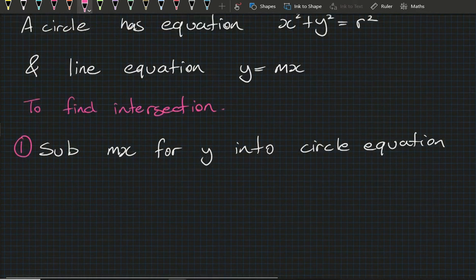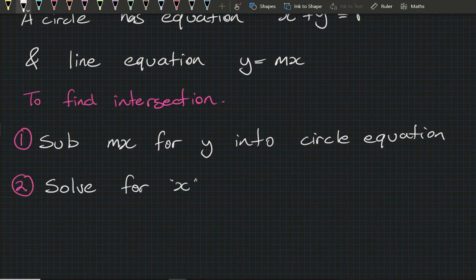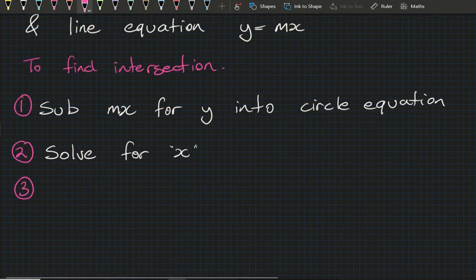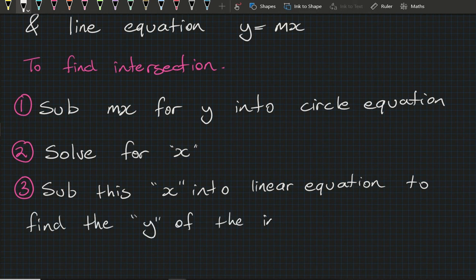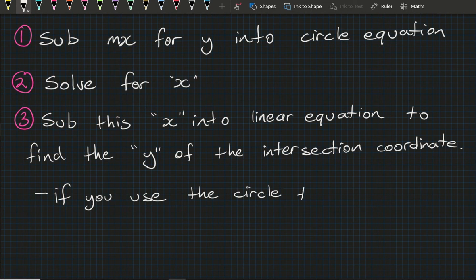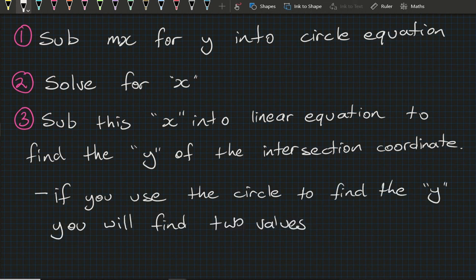Then step 2 is to solve for x. And then step 3 is to sub this x value into the linear equation to find the y of the intersection coordinate. The reason we choose the linear equation is because if you were to use the circle to find the y, you will probably end up with 2 values for each x value.